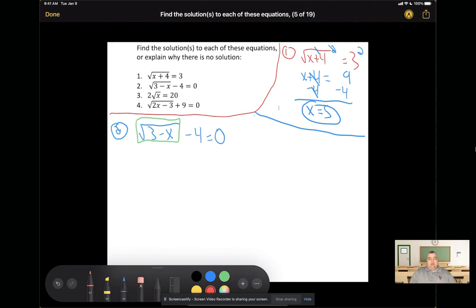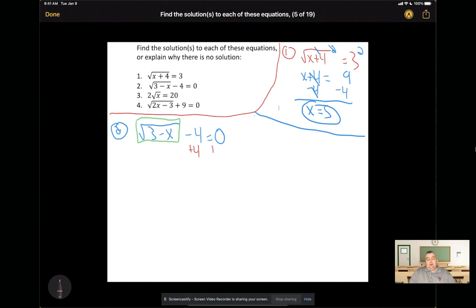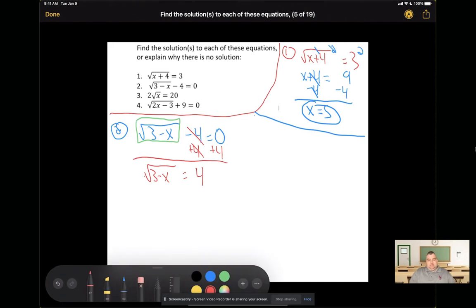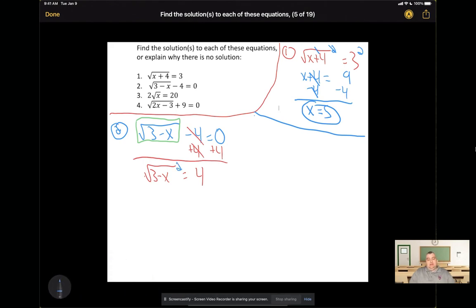So the first thing I'm going to do is add 4 to both sides. That gives me the square root of 3 minus x equals 0 plus 4, so that's 4. Now that the square root is isolated, I can square both sides like I normally would.